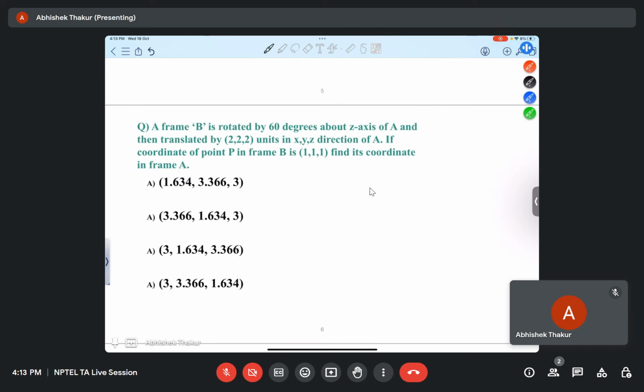So again the question is the same, but there is one twist. In this question, a frame B is rotated by 60 degrees about the z-axis of A and then translated by 2, 2, 2 units in the xyz direction of A. If the coordinate of point P in frame B is 1, 1, 1, find its coordinate in frame A. So now there is translation and rotation both.